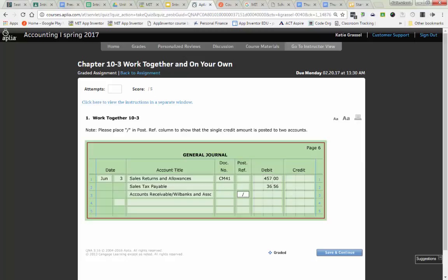And Caden, that's going to be the number that you gave us before, and that would be the $493.56. So Wilbanks and Associates no longer owes us that amount of money, $493.56, because they returned it to us.